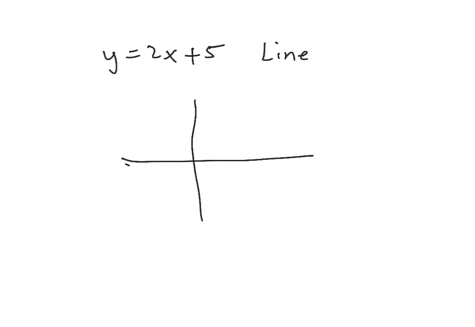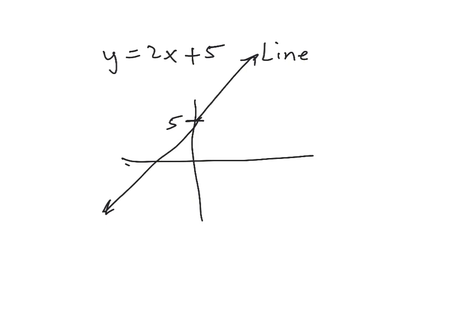The y-intercept is 5. We'll make 5 be about right there. And the slope is 2, which means it's going to go up fairly steep. And we'll put arrows to show it goes on and on in both directions. So that's not the prettiest graph I've ever seen, but hopefully it conveys the information.